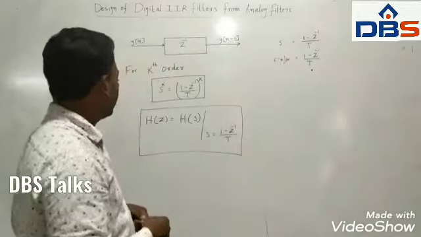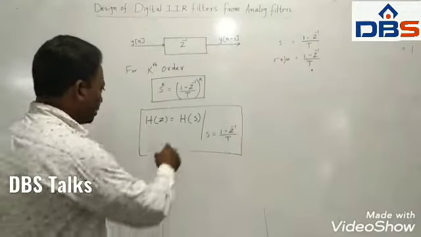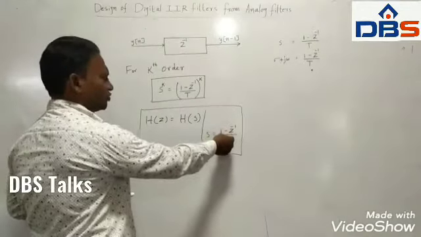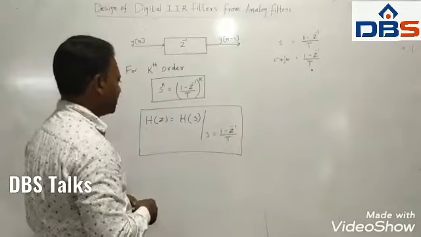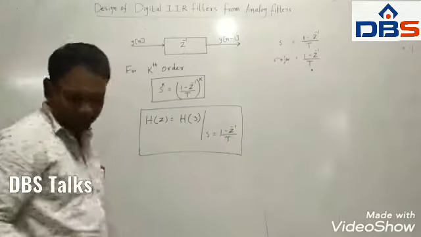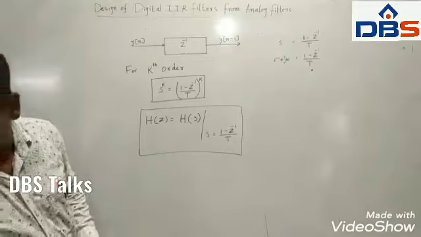Whenever s is there, just substitute 1 minus z inverse by T, and that filter is converted into a digital filter.